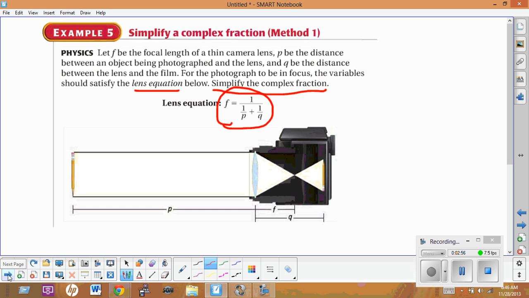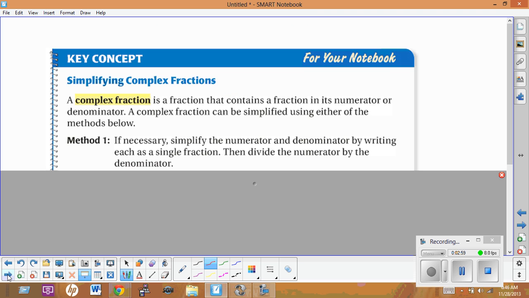So let's take a look at method 1. Okay, method 1 says, if necessary, simplify the numerator and denominator by writing each as a single fraction. Then divide the numerator by the denominator. If necessary doesn't mean you have to do it all the time. So it looks like we have two steps.